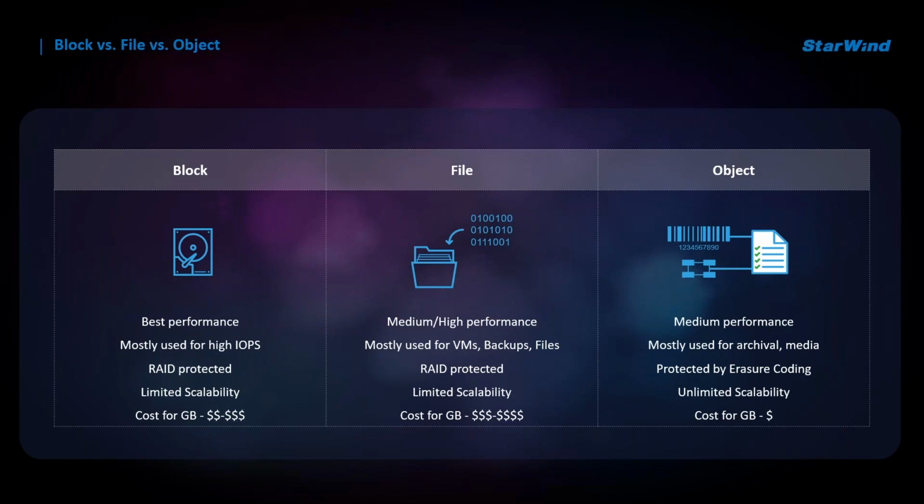It just depends on how many servers you have and how many disks they have. Because of the erasure coding, the cost for 1 GB of data will be very low: the more servers you have combined in erasure coding for object storage, the lower the price for 1 GB of data.